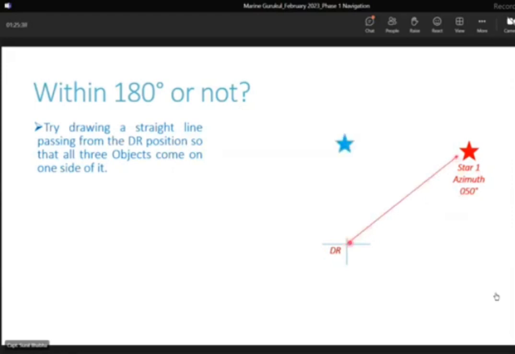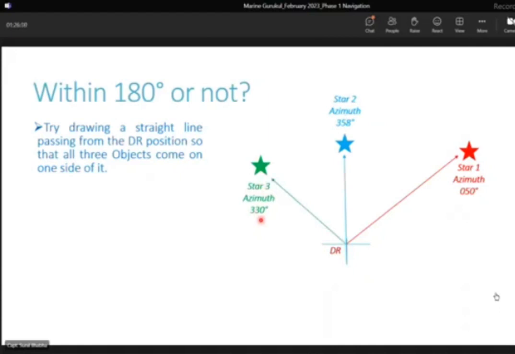Let's assume that the second sight was taken using this blue colored star, star number 2, having an azimuth of 358 degrees. So you can see the azimuth of the second star also. Let's assume the third PL was obtained using the green colored star, marked as star number 3, on an azimuth of 330.